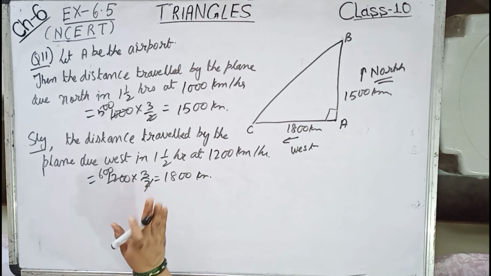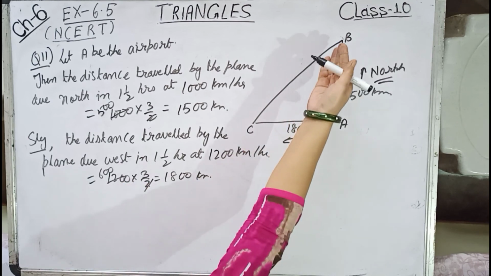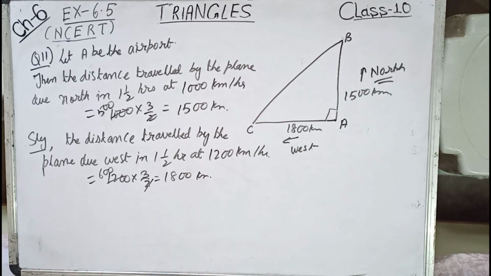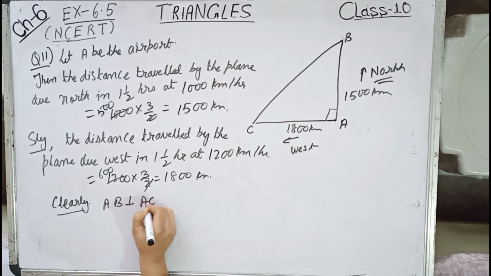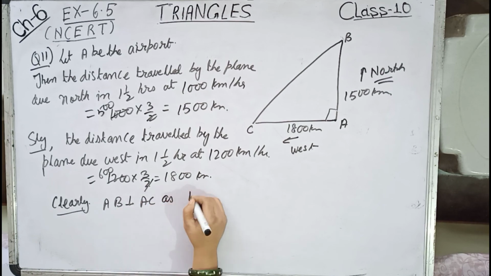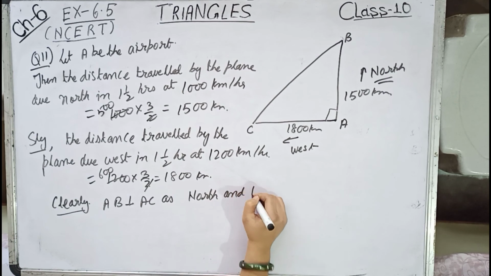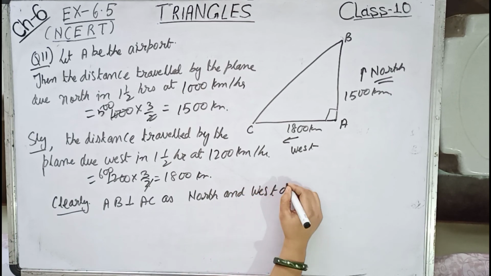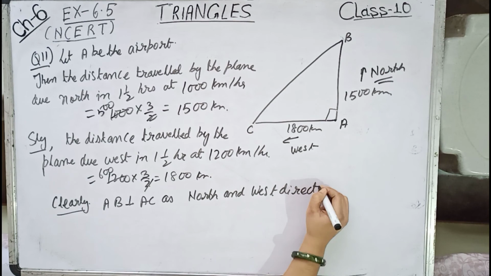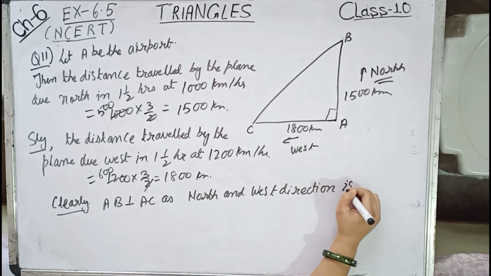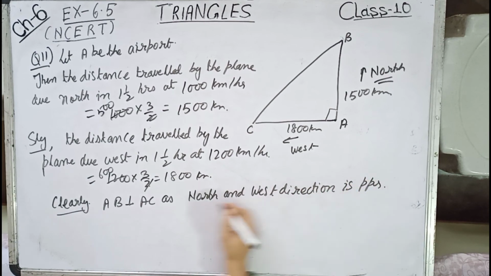What is the question? How far apart will the two planes be after 1.5 hours? Obviously by Pythagoras theorem we will take the distance BC. Clearly AB is perpendicular to AC as north and west directions are perpendicular.